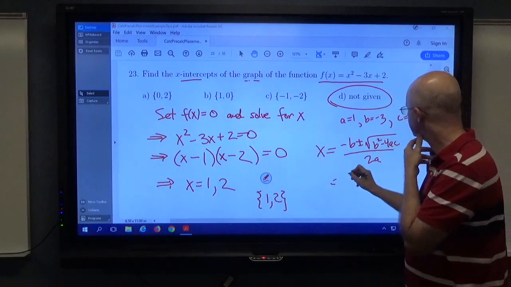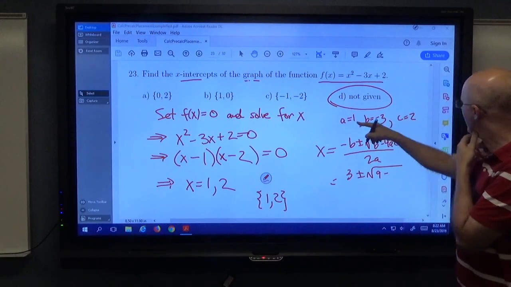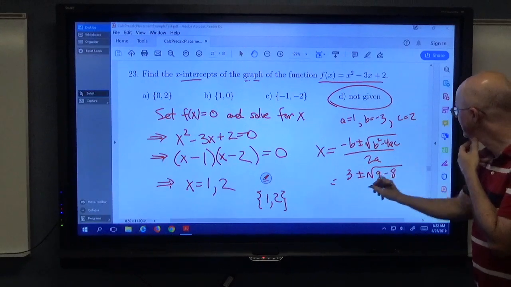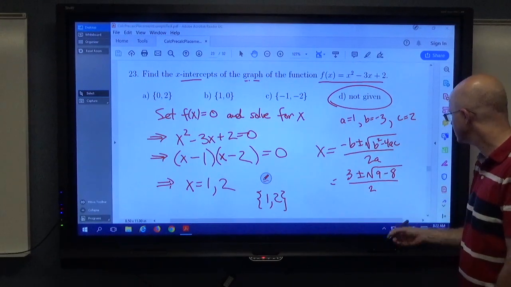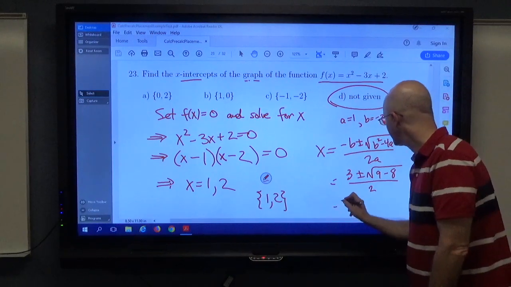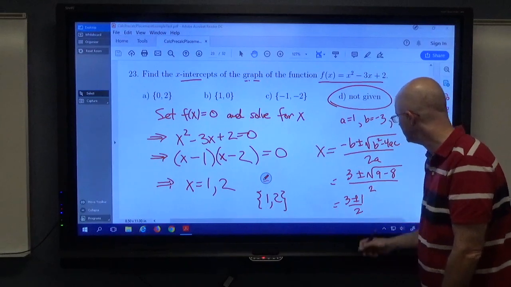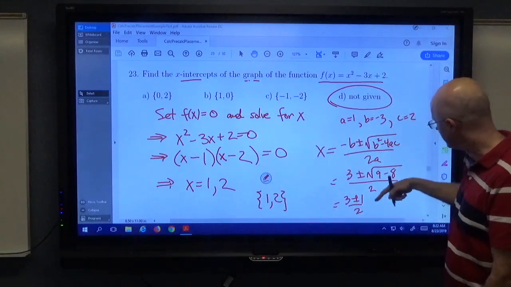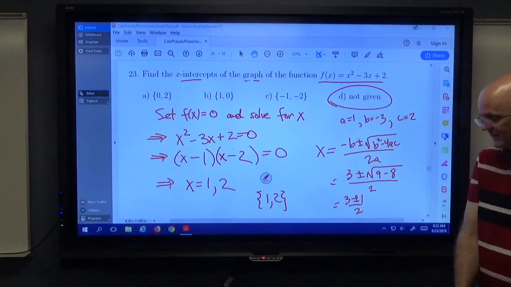Negative of -3 is +3. -3 squared is 9. 4 times 1 times 2 is 8. 2 times 1 is 2. 9 minus 8 is 1. Square root of 1 is 1. 3 plus or minus 1 over 2. 3 plus 1 over 2 is going to be 2. 3 minus 1 over 2 is going to be 1. Not given is the final answer.